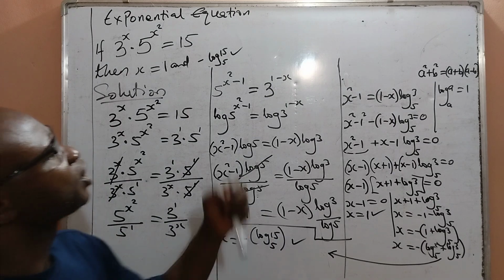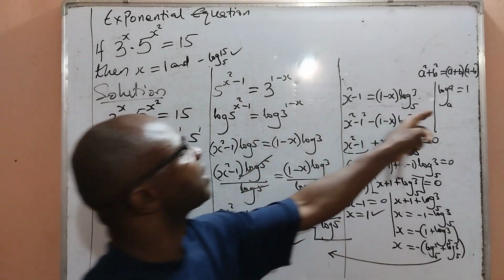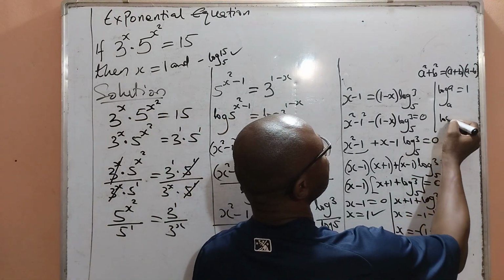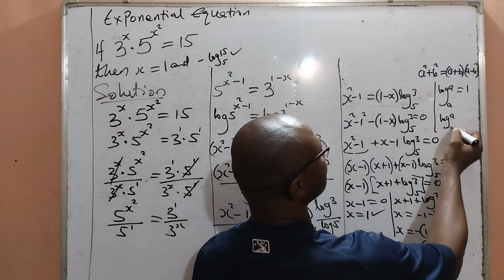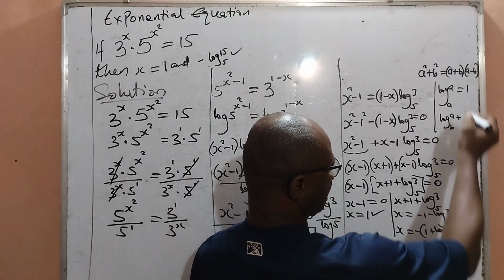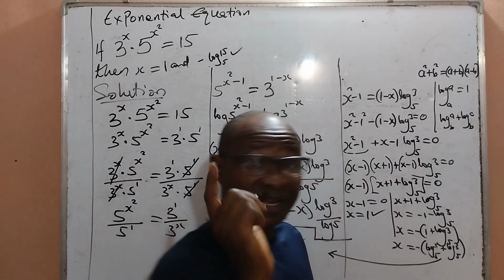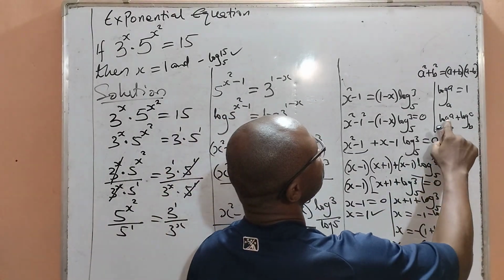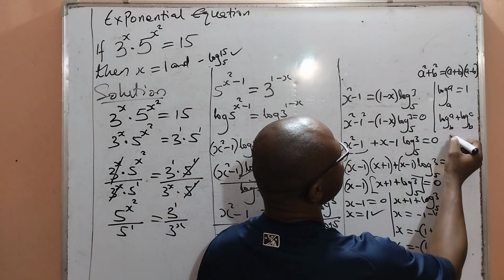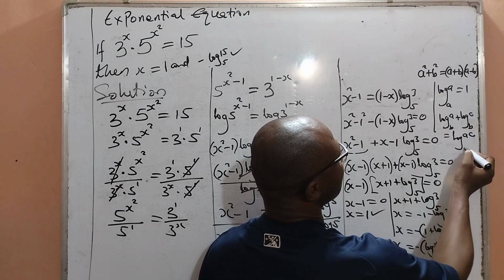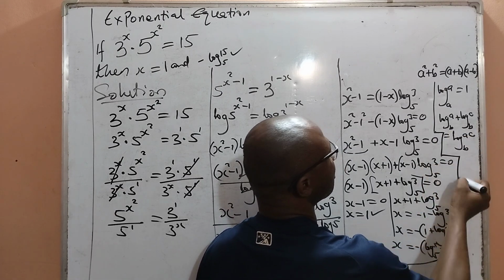Why? Because in logarithms, we have it that if log a base b plus log c base b is given to me, it is the same thing as log of a times c, then base b. This is a law in logarithms.